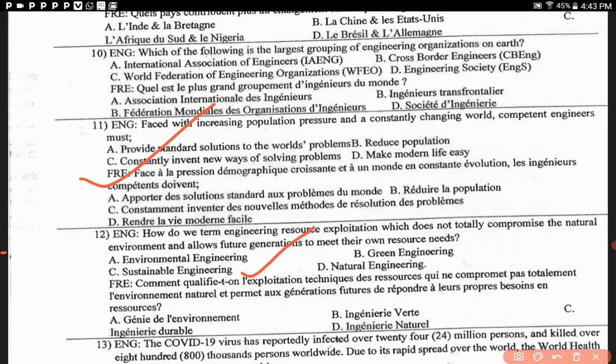Green engineering is a kind of engineering that emphasizes creating environmentally friendly practice, which overlaps with sustainability, but here it narrowly does not emphasize sustainability. Then natural engineering is not actually a standard term for any described practice.